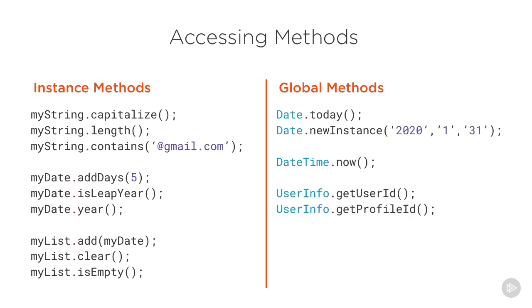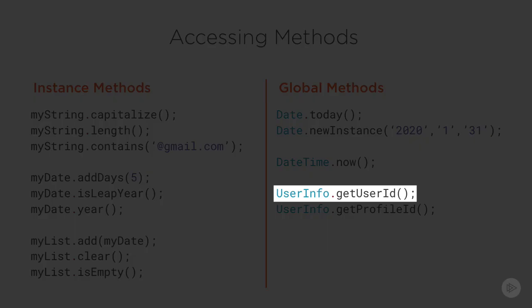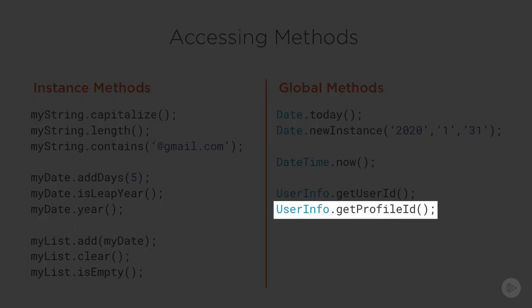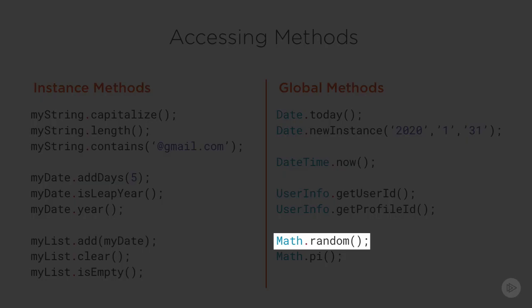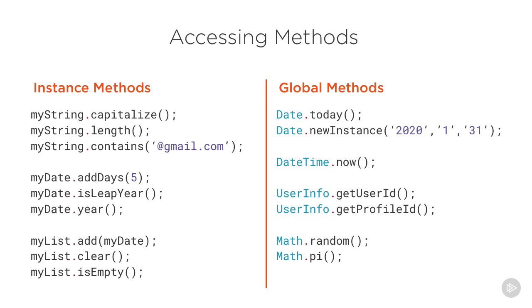For example, there are global methods on a user info type that lets us get information from the current logged in user, in this case, the user's ID and profile ID. Salesforce also gives us access to global methods on a math type, one of which lets us create a random number and the other gives us the value of pi. Very cool and very convenient.